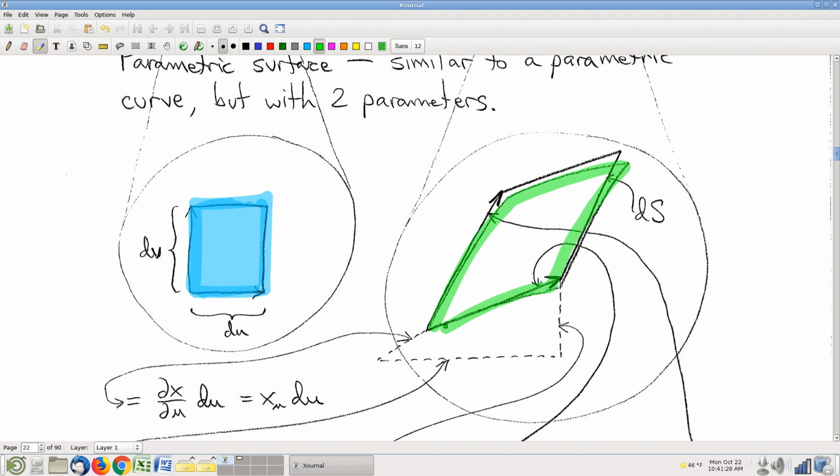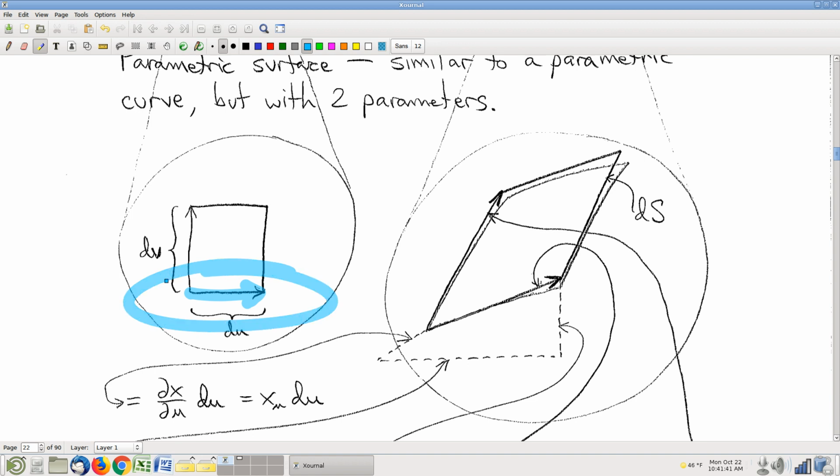Now, the first step is to recognize that the edges of this rectangle represent little changes. It's not a change in t, like on a parameterization of a curve. This is a change in u. This represents: I was here, now I'm here. u has changed by a certain amount, and v is held constant.